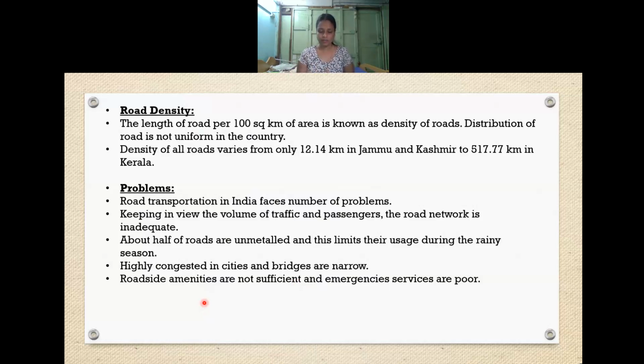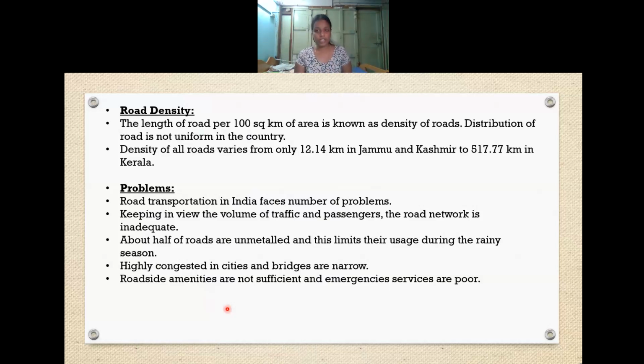We will see the variation from one place to another. The density of road in Jammu and Kashmir is 12.14 kilometer, but in Kerala it is 517.77 kilometer.